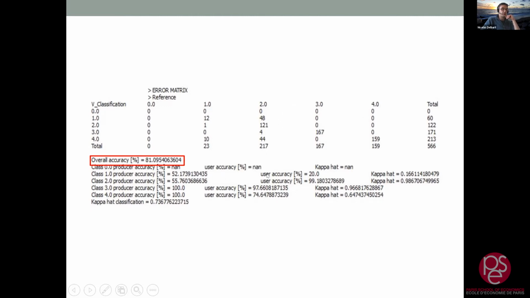In this case, for class 1, you are testing 23 pixels for which you know it is class 1. Which percentage of them could you map? You could map 52% of the pixels that belong to class 1.